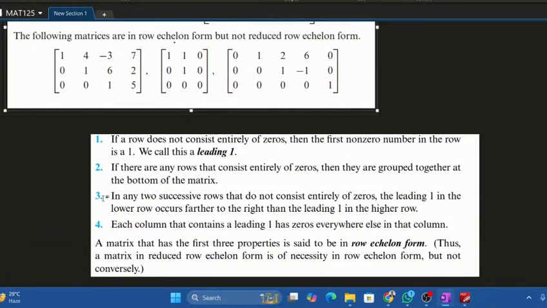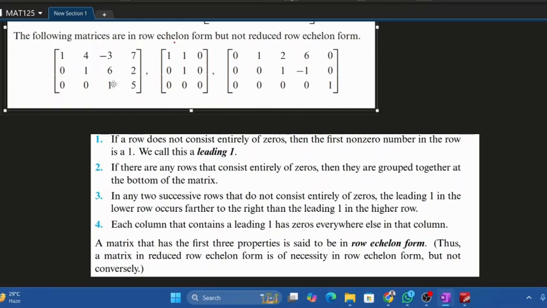Next, in any 2 successive rows that do not consist entirely of zeros, the leading one in the lower row occurs farther to the right than the leading one in the higher row. This row has a leading one, and the lower row also has a leading one, but the leading one of the lower row will be farther right than that of the higher row.